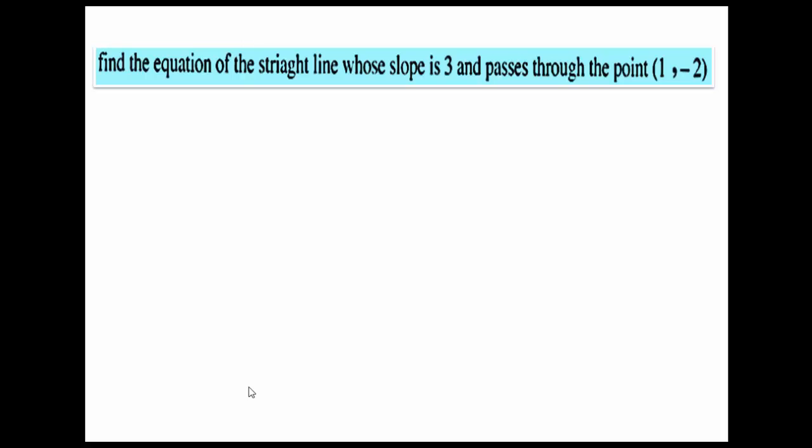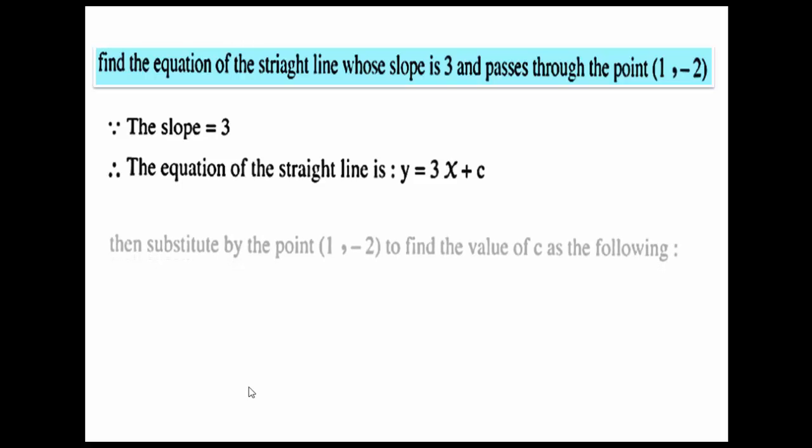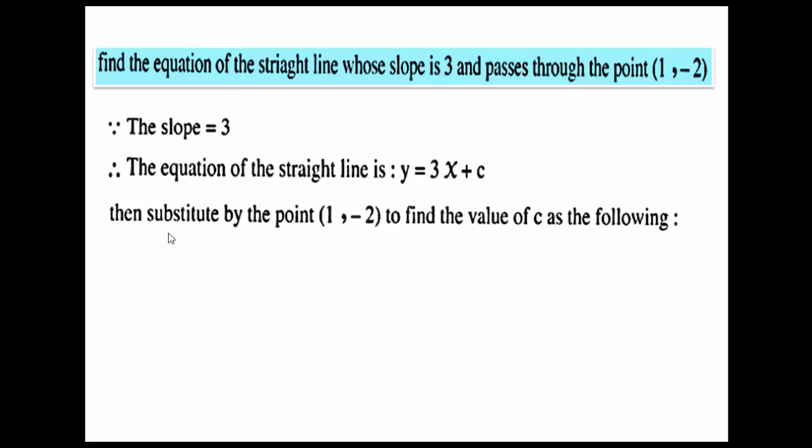Find the equation of the straight line whose slope is 3 and passing through the point (1, -2). Since the slope equals 3, the equation of the straight line is y equals 3x plus c. Then substitute the point (1, -2) to find the value of c.